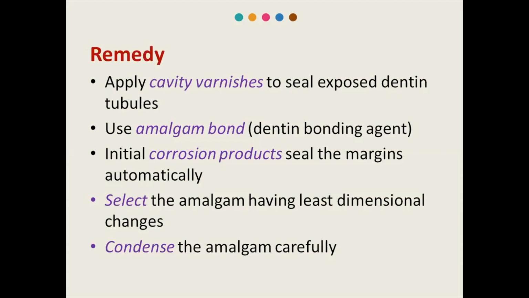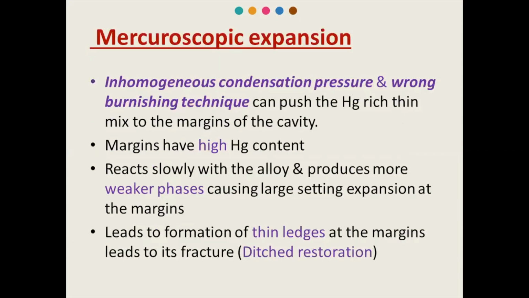Use amalgam bond; there are now amalgam bonds available in the market, like dentin bonding agents, which bond nicely to the amalgam restoration and the tooth, so it doesn't get contracted. The initial corrosion products, the sulfides formed at the margins of the amalgam restoration, seal the margins automatically. Select the amalgam having the least dimensional changes and condense the amalgam carefully. So all are the remedies to prevent the microleakage.